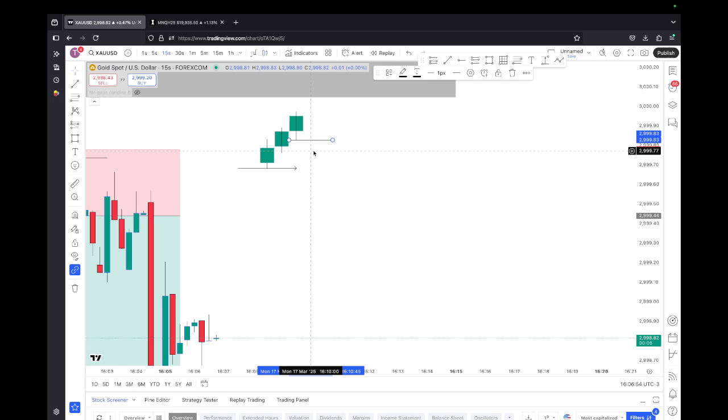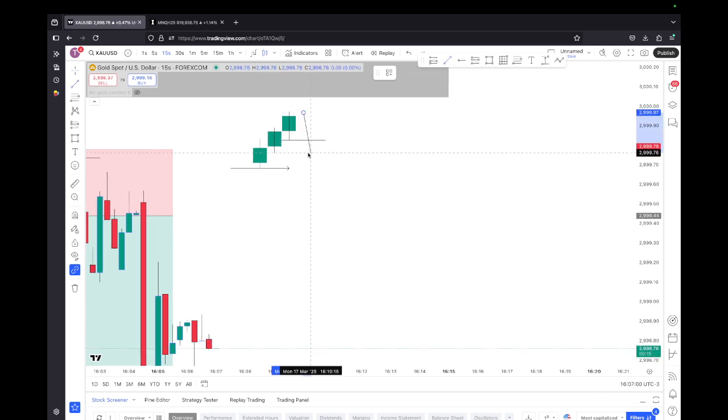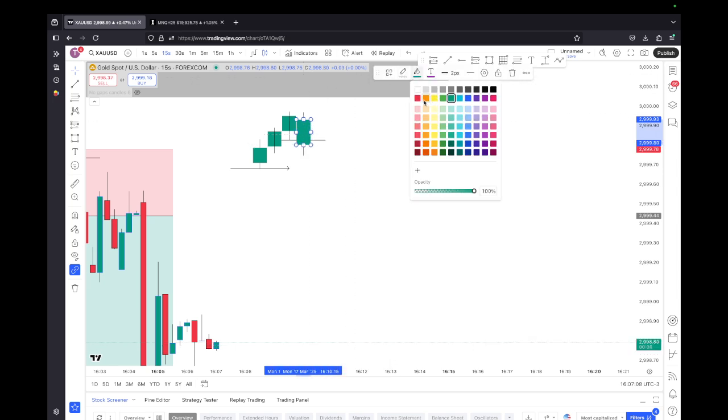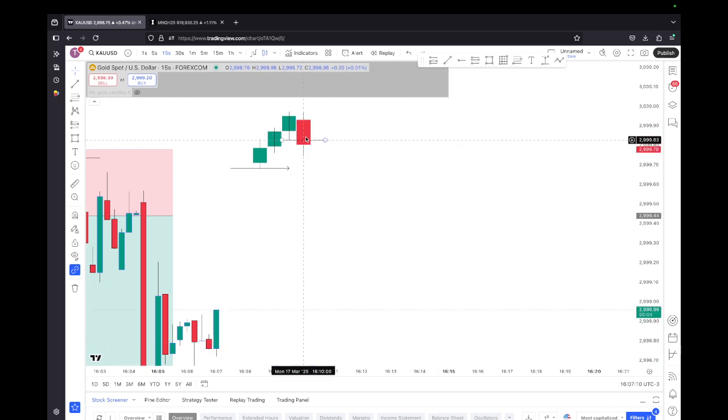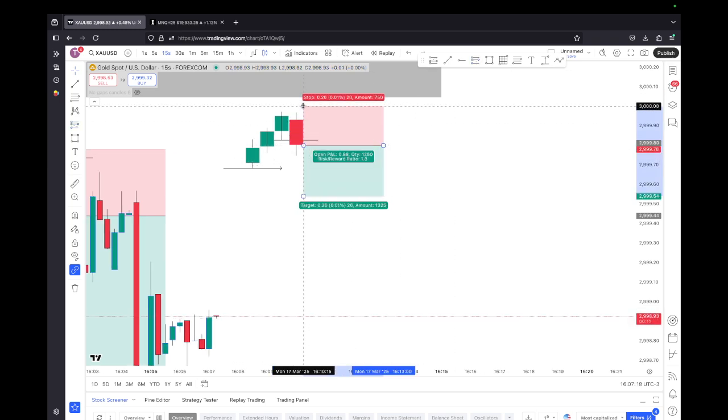The next candle that formed could do something like this. If the next candle does this, then this is my entry because this candle broke this green one. It broke the support. And as long as that new 1 minute candle has not finished and this is happening, this is your entry, right?